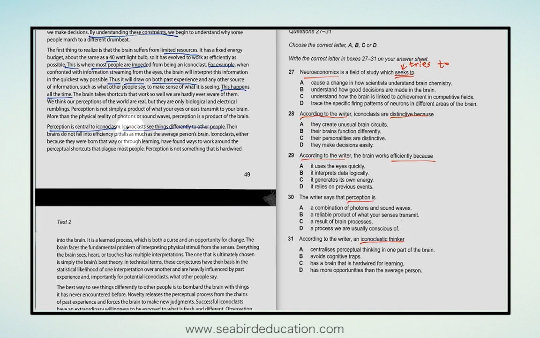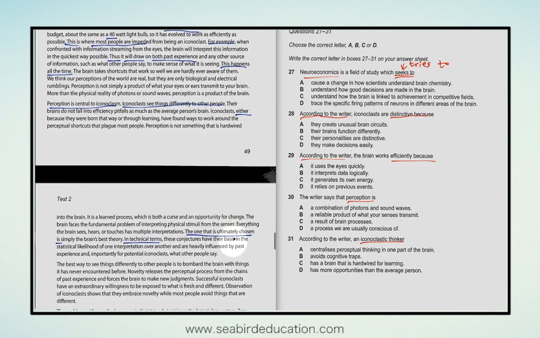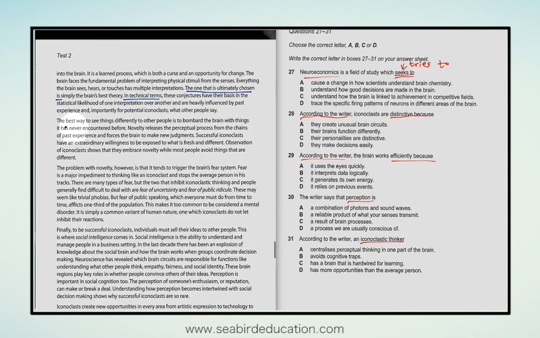Sometimes these short sentences can be written with a semicolon. It's worth reading the first two sentences. The best way. That's a nice phrase.